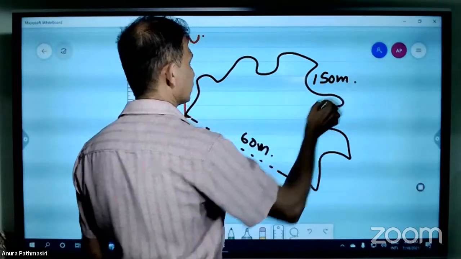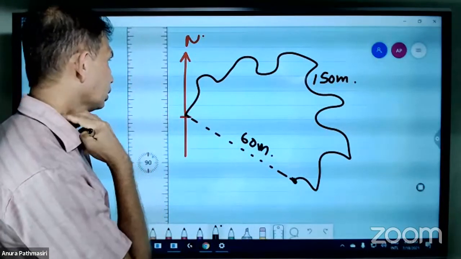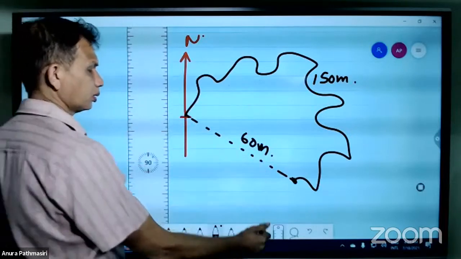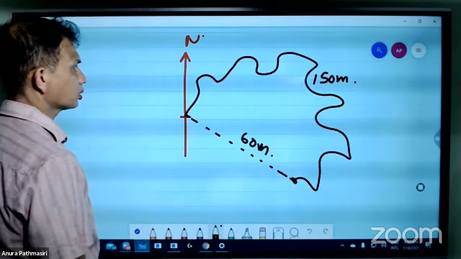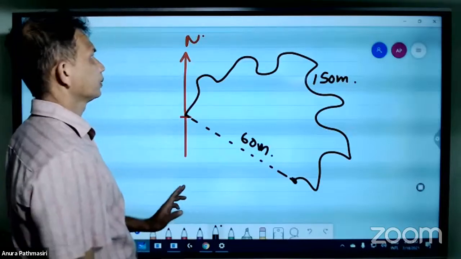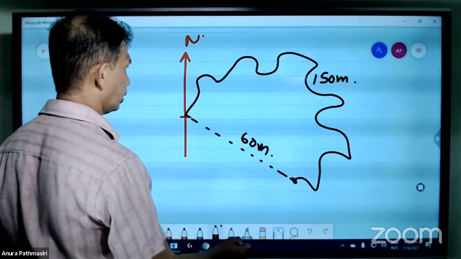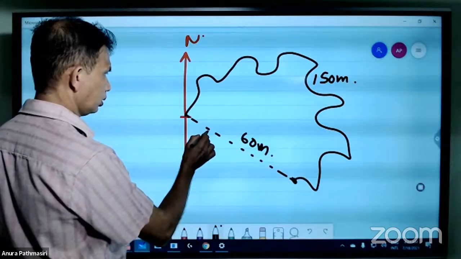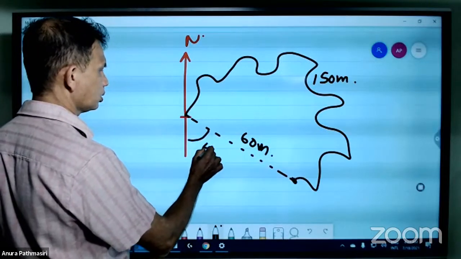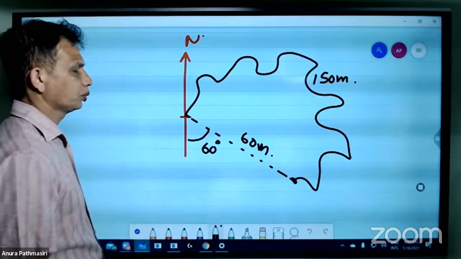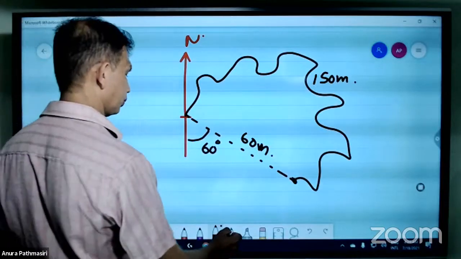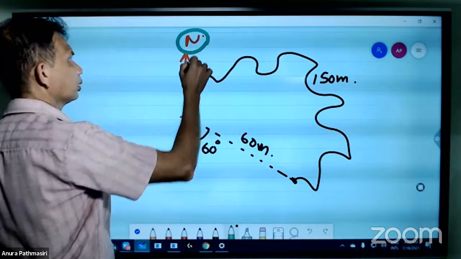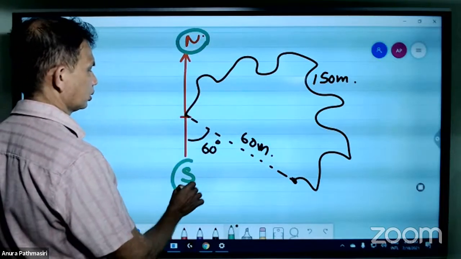So when we are expressing the displacement, you have to consider the main directions. So the answer here, the angle is 60 degrees. Now you can consider either north or the south.